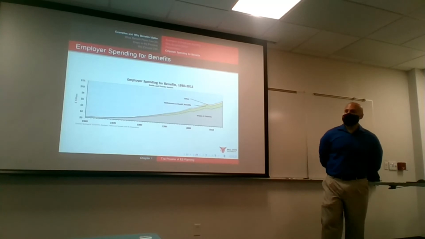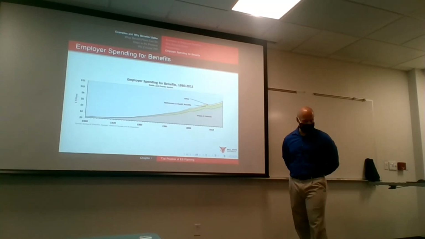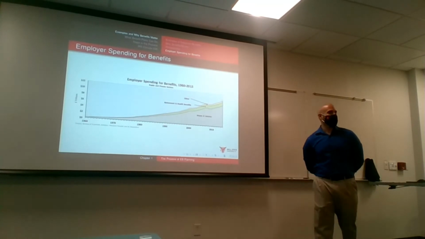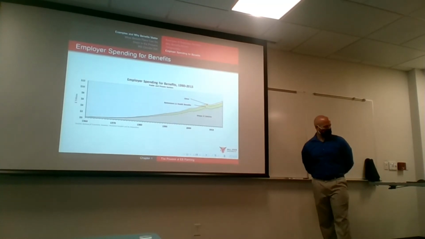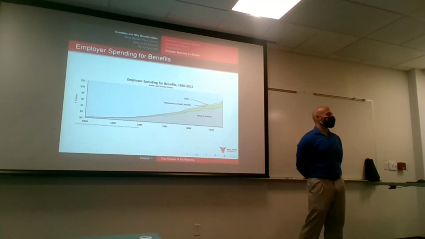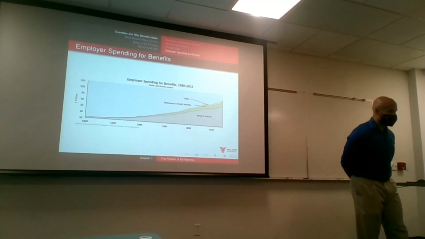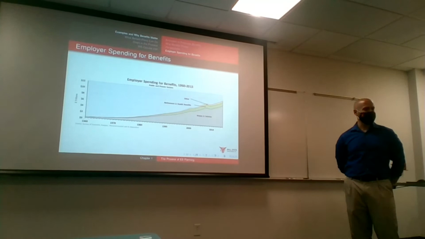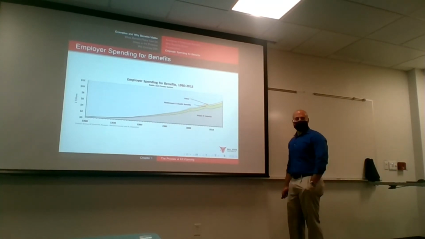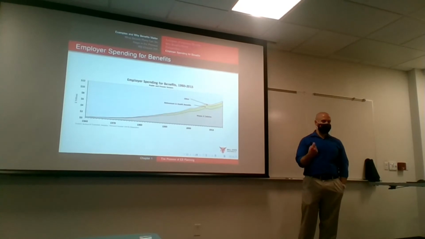This is a quick graph to show us that, we hear about wages stagnating, and that is true. Wages are stagnating for the most part, but employee benefits are not. Specifically with respect to the expenses tied to health insurance, that tends to be the largest growing portion, which is also tied directly to how expensive healthcare is.